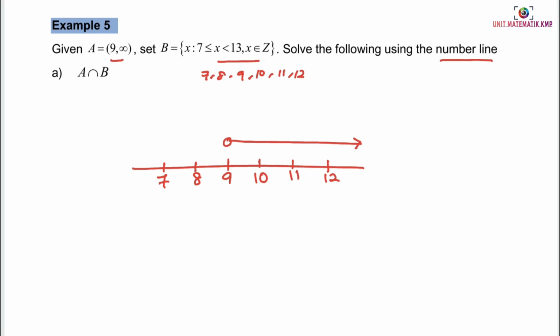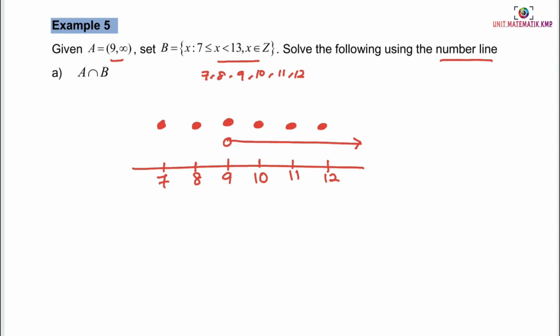For set B, it is integer form, so the values must be number 7, 8, 9, 10, 11 and 12. From the diagram, any intersection between A and B?